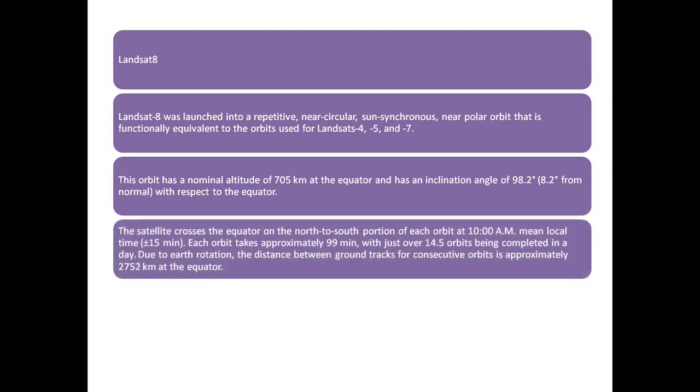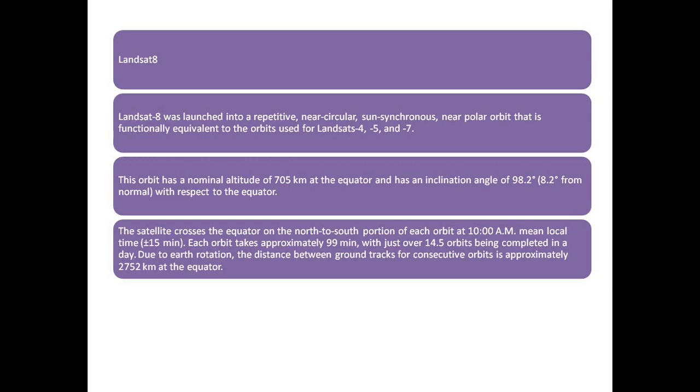The satellite crosses the equator on the north to south portion of each orbit at 10 am mean local time, plus minus 15 minutes. Each orbit takes approximately 99 minutes, with just 14.5 orbits being completed in a day.